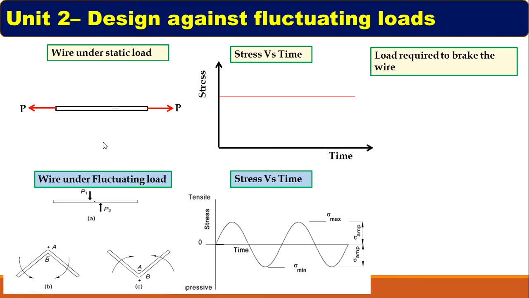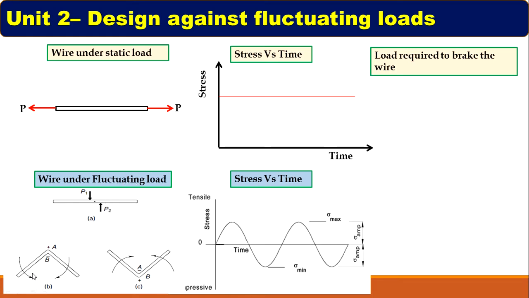Now if you compare the same wire and apply the load like this, in one case you bend the wire like this, and in the second case you unbend the wire in this way. So in this procedure you are alternately bending and unbending the wire, and this is nothing but the fluctuating load.